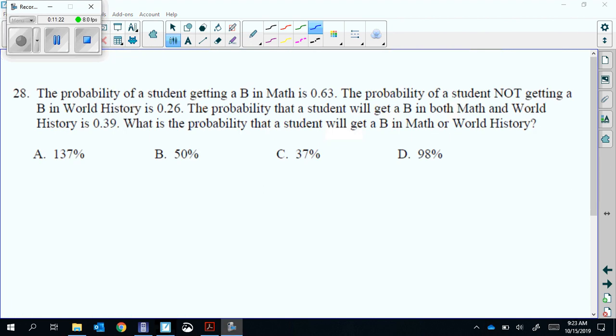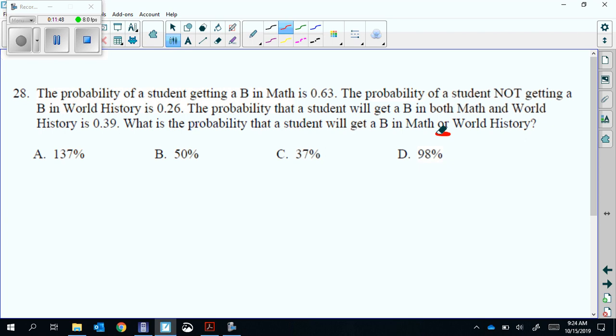All right, so this one talks about probability again. We need our formula for probability. It talks about getting a B in math, not getting a B in world history, and the probability of getting a B in both. What's the probability a student will get a B in math or world history? So the key to this is identifying that first part, that it's an or.